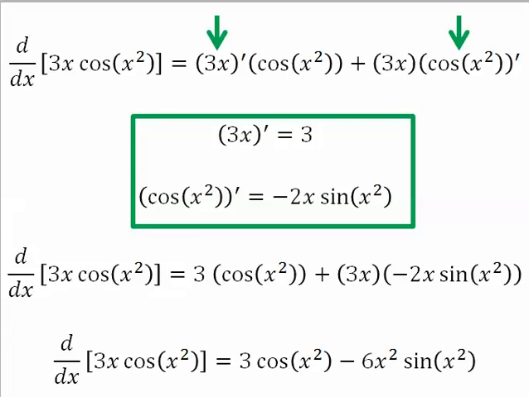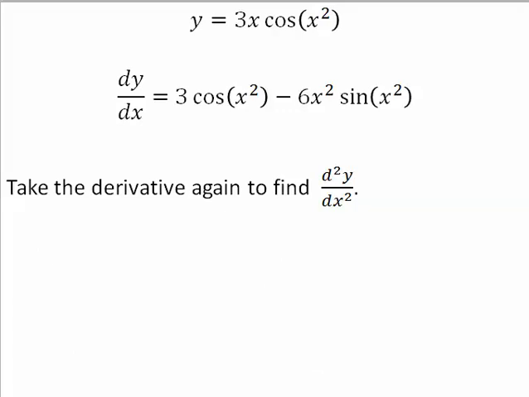And this is what we get for the first derivative. So y equals 3x cosine x squared, dy dx equals 3 cosine x squared minus 6x squared times sine of x squared. Take the derivative again to find the second derivative.